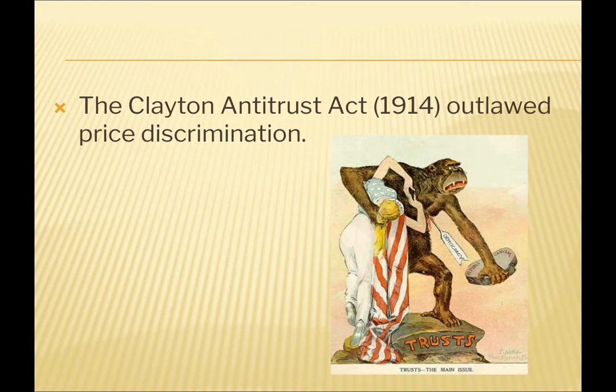It says that it outlawed price discrimination. Remember, some price discrimination is okay. We talked about that in the last unit or two back, where like coupons, pricing for veterans, teachers, senior citizens, kids, that sort of stuff, using your Ricker's Rewards card. That stuff's okay, but just pricing it differently is not.